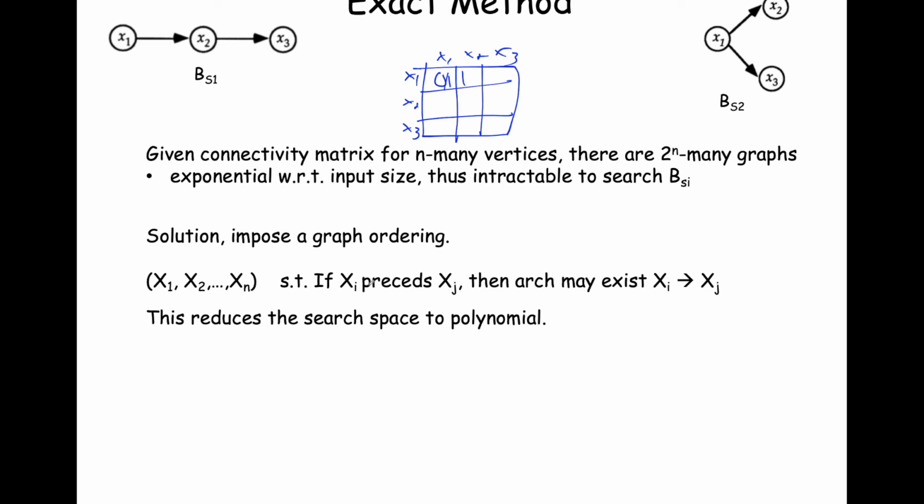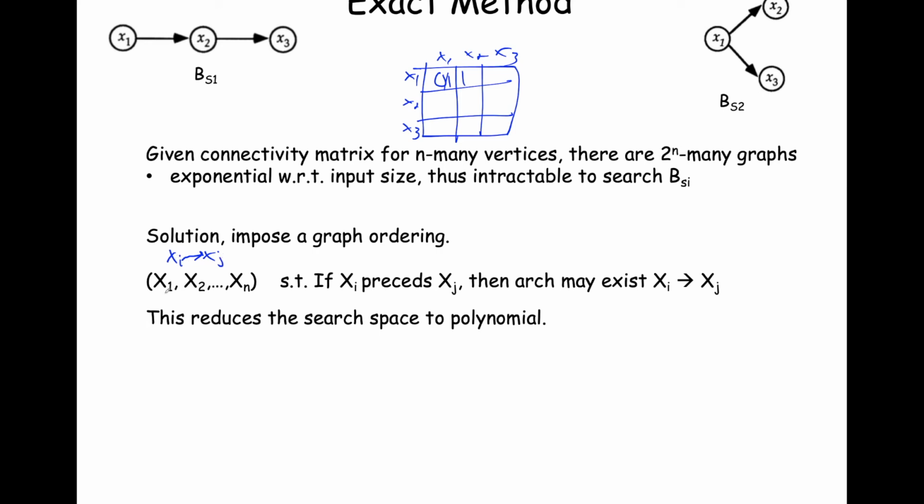If a particular node, the xith node or variable in this ordering, precedes the jth node, so you have xi to the left and xj to the right, then that means an arc may exist from xi to xj, meaning that xj is causally dependent on xi.